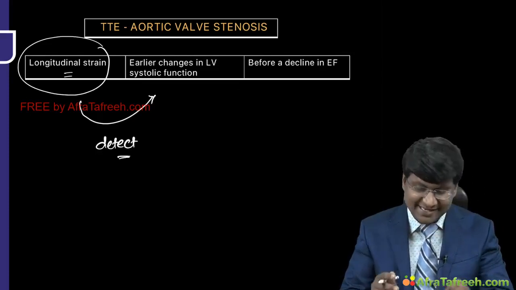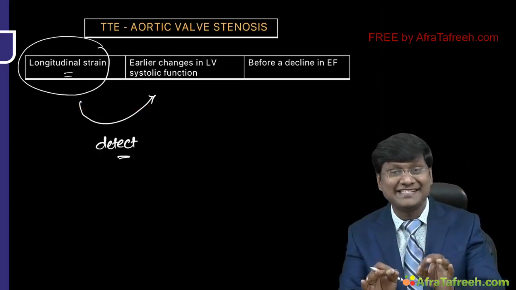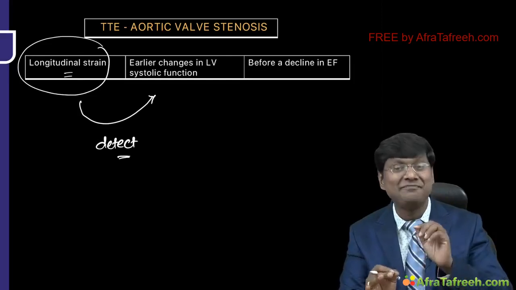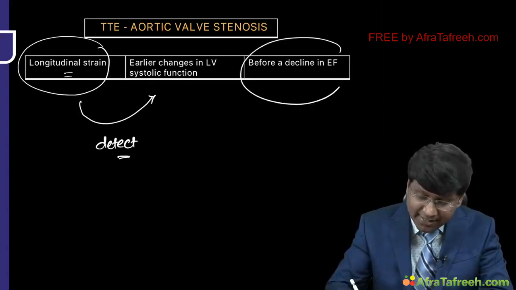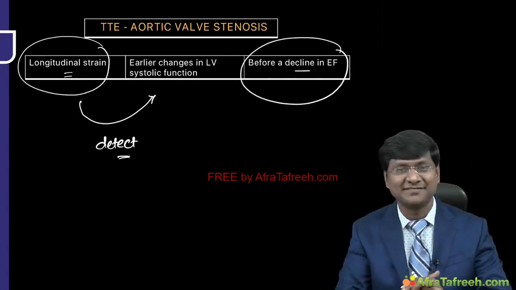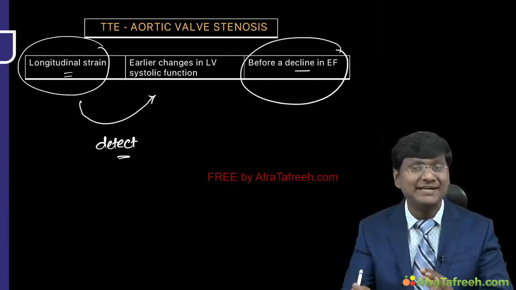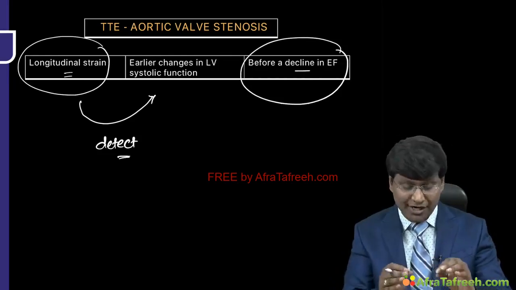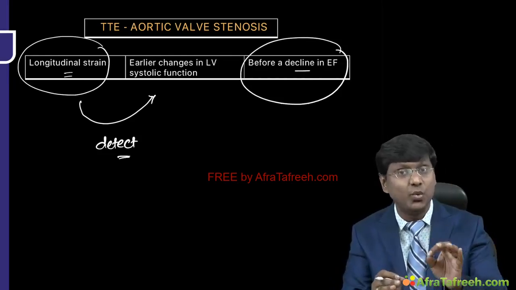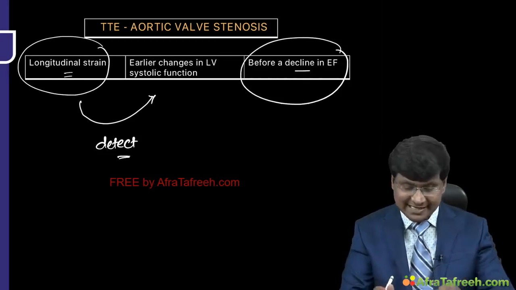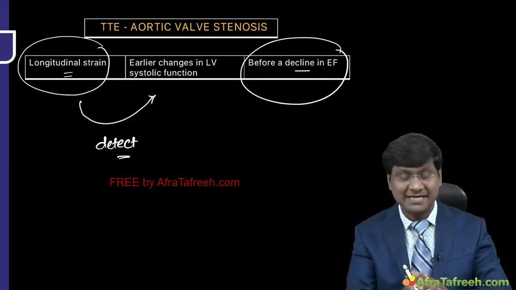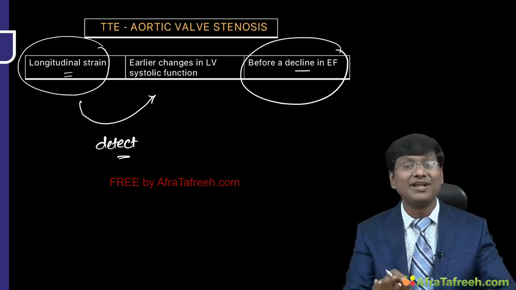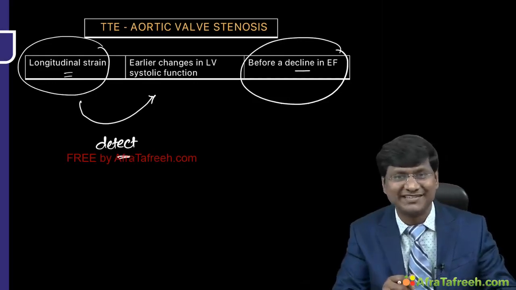They will detect the early changes in the left ventricular systolic function before the decline in ejection fraction. Before the decline in ejection fraction, longitudinal strain studies will detect if there are any changes in the LV systolic function. That is the importance of longitudinal strain, right?